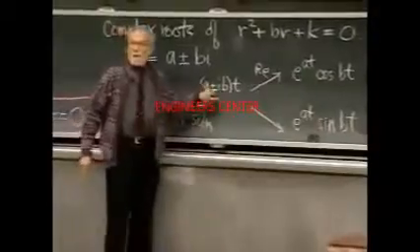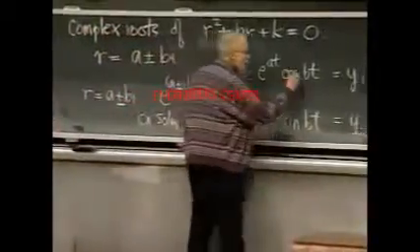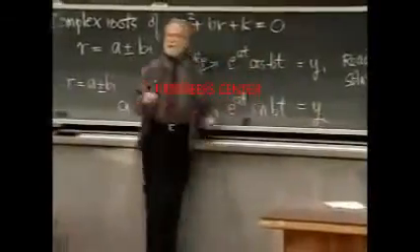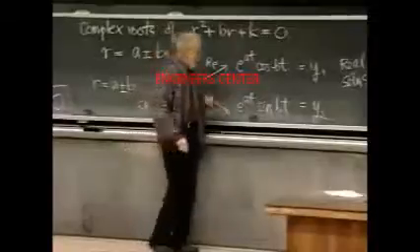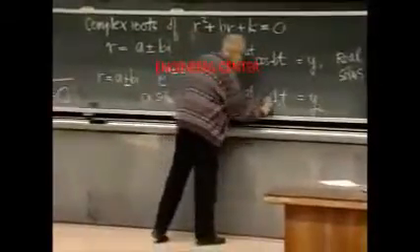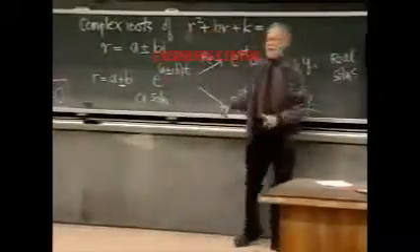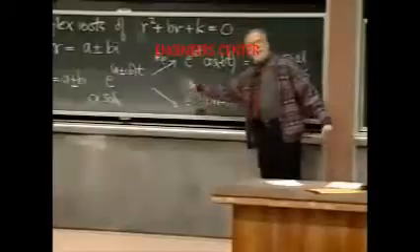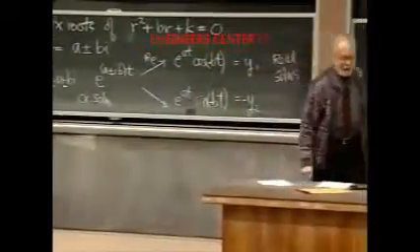No, because e to the minus ibt is the cosine of minus bt, but that's the same as the cosine of bt. How about here? This would have become the sine of minus bt, but that's simply the negative of the sine of bt. So the only change would have been to put a minus sign there.